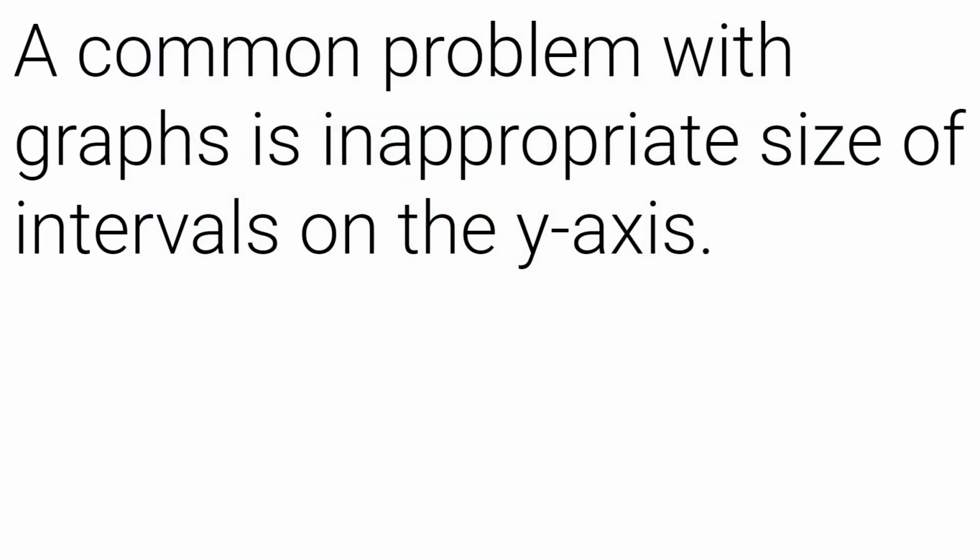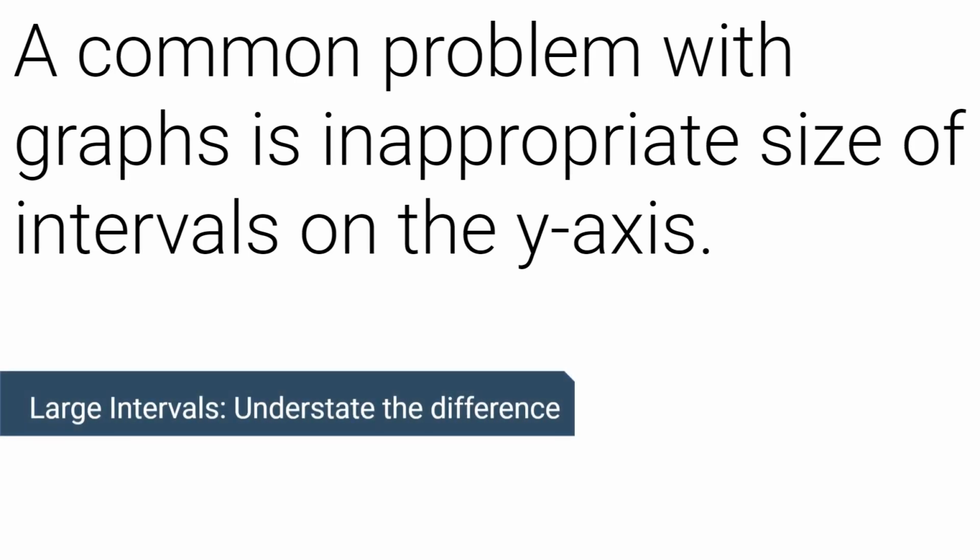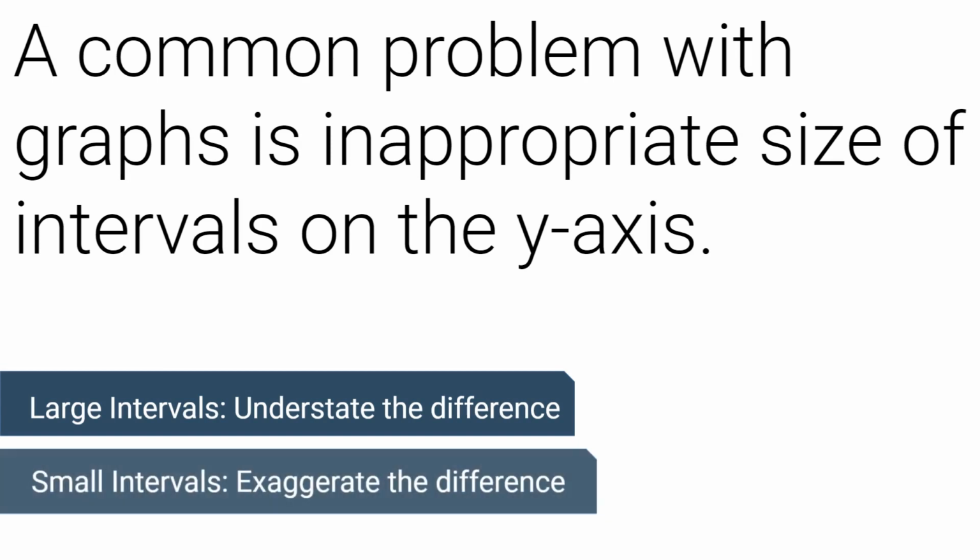A third common problem with visualizing data is the use of inappropriate intervals on the y-axis. Large intervals on the y-axis understate the differences between the numbers, whereas small intervals over-exaggerate these differences.